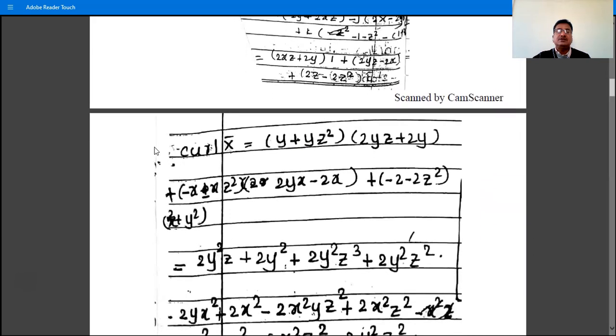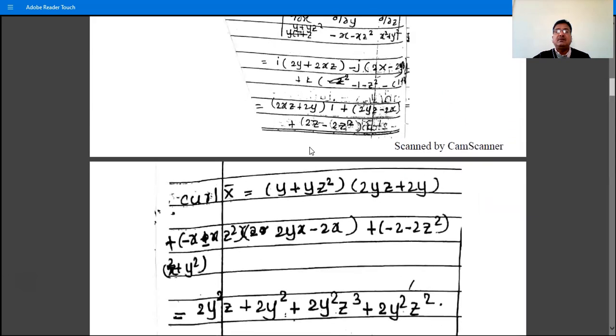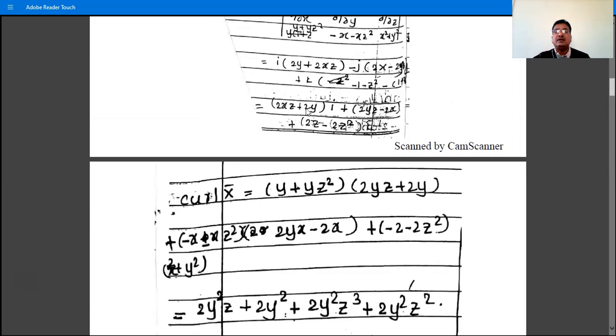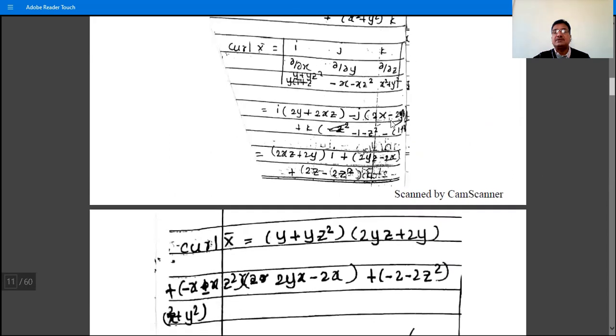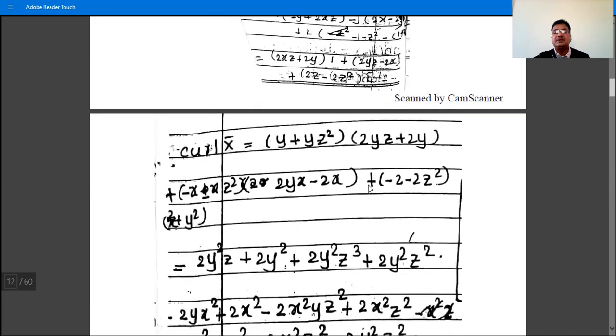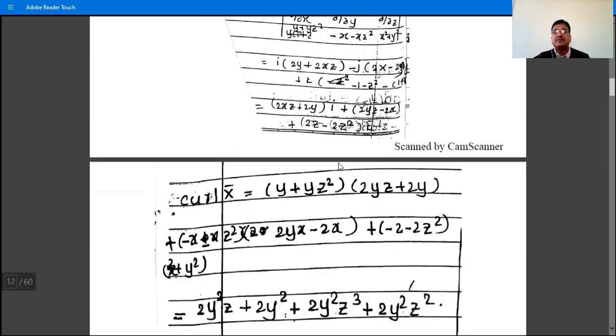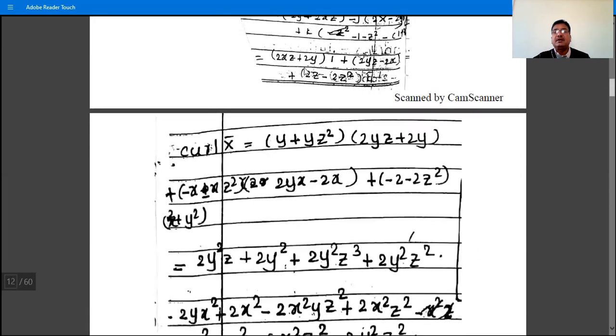Then x bar dot curl x bar, the dot product of these two vectors: the coefficient of i times the coefficient of i, plus the coefficient of j times the coefficient of j, where minus minus becomes plus, and lastly the coefficient of k times the coefficient of k.